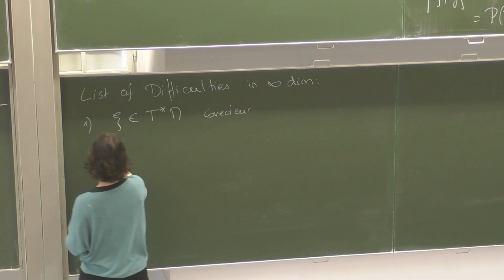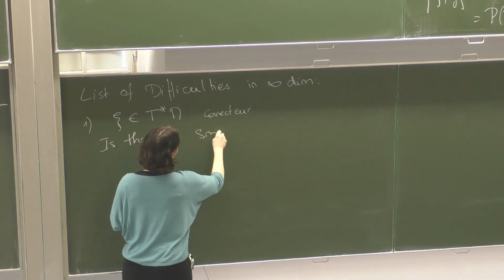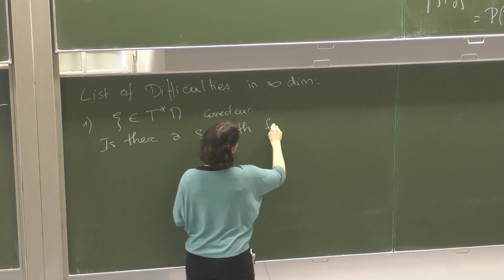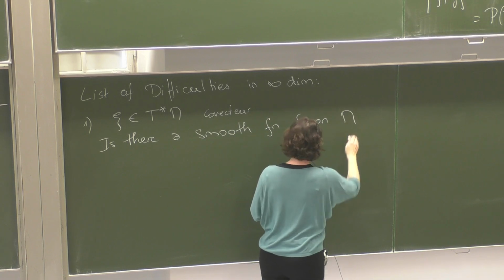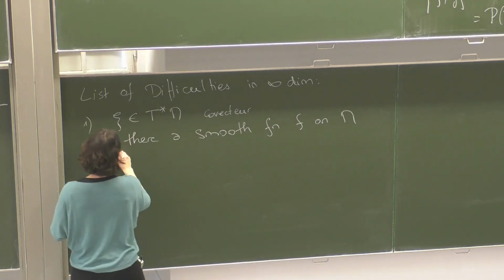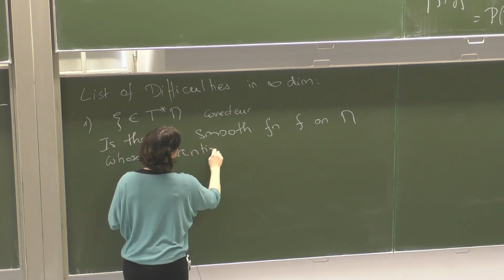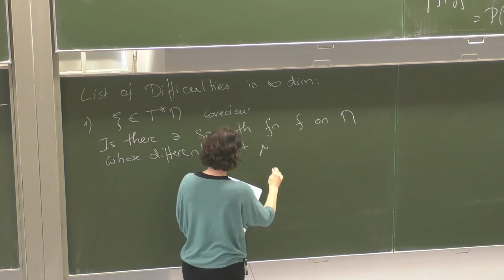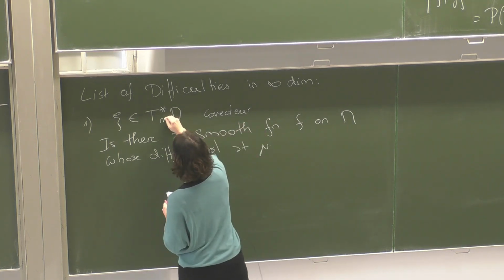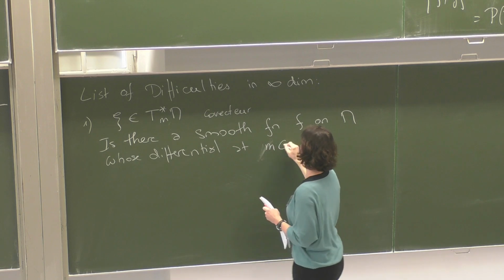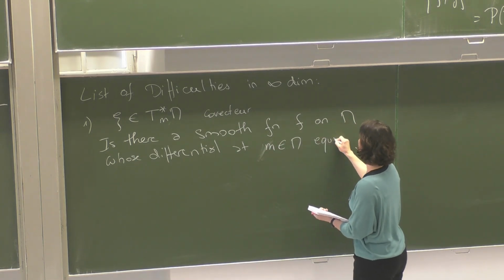The question is the following: is there a smooth function f on the whole manifold M whose differential at the point m equals this covector?